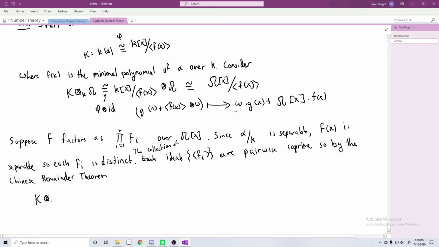So starting with this thing, big K tensor K, we saw above that this is isomorphic to this quotient, which if I factor f over omega, is isomorphic to the quotient by the product of all these ideals, f1 through fr.